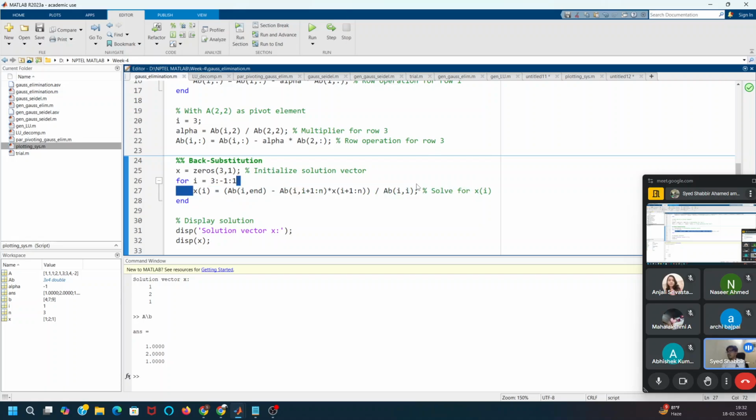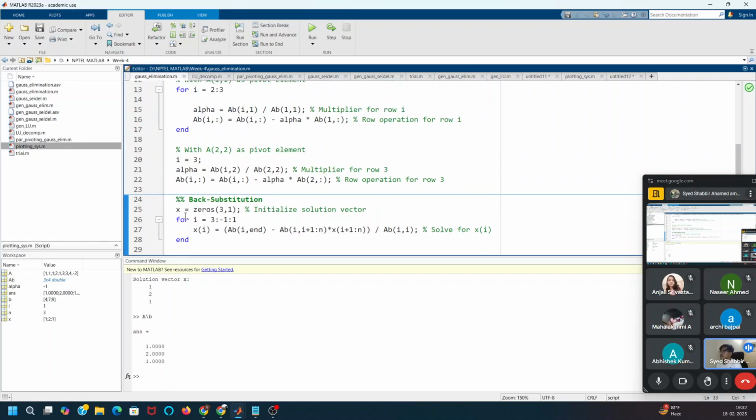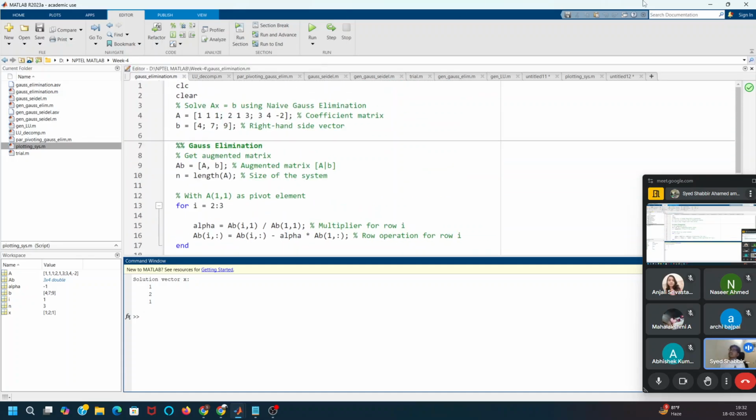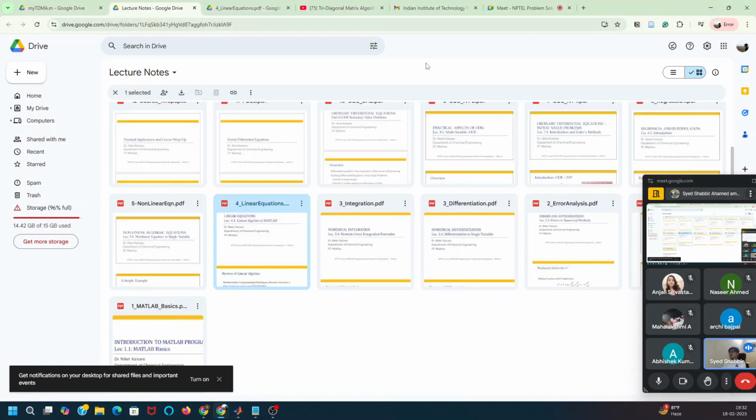I won't have to write multiple lines of code. Instead, I'll just run a for loop, so that will make my code less clumsy. It will take care of everything from x3, x2, and x1. Then if I run it, I'll get this solution, 1 to 1. So that's what Gauss elimination does.